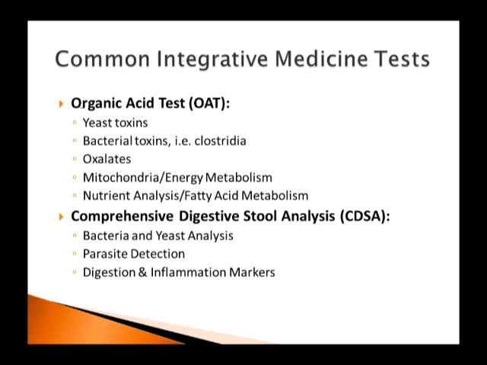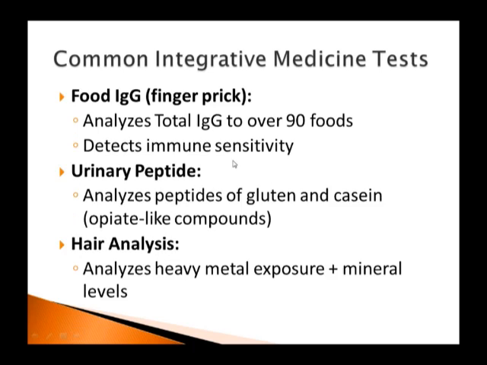Now, that's not to say that the comprehensive digestive stool analysis isn't important, because it is, because there's no way to really analyze for parasitic infections unless you're doing a comprehensive digestive stool test. And so putting together the CDSA and the OAT as a combined testing program gives you that much more in-depth information.